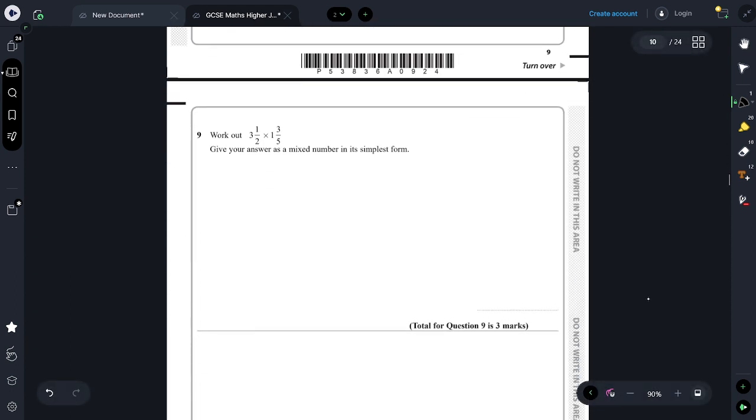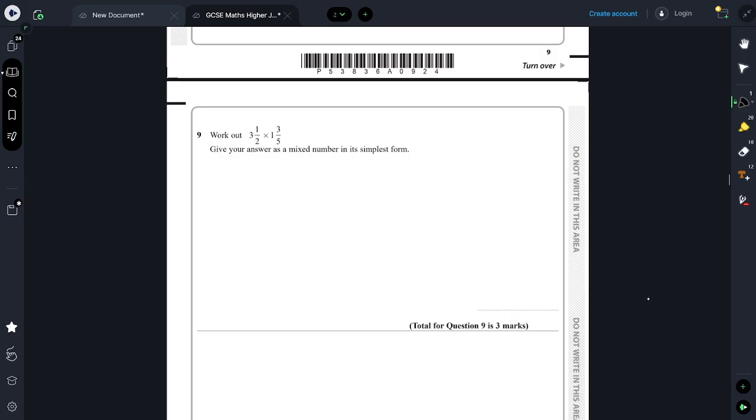Lovely jubbly. Okay, now we've got a fraction. Again, fraction. This pretty much exact question came up on the other non-calculator paper. Again, the same topics. I think over half the questions have basically the same topic and working as the other paper. The common questions, right?